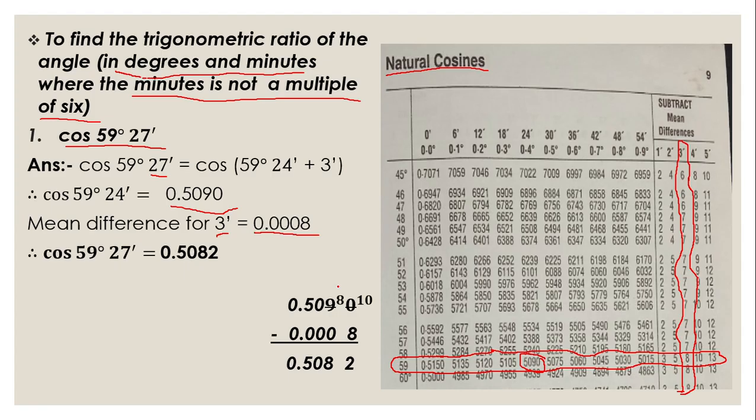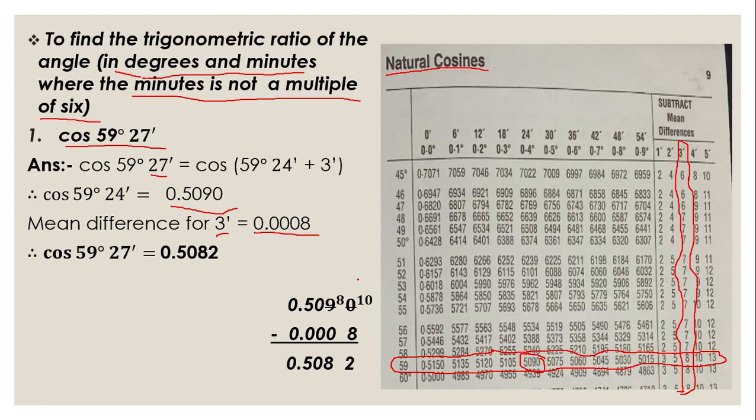For sine and tan, we have to add the mean difference. For cos, you have to subtract the mean difference. So students, you have to keep this in mind.